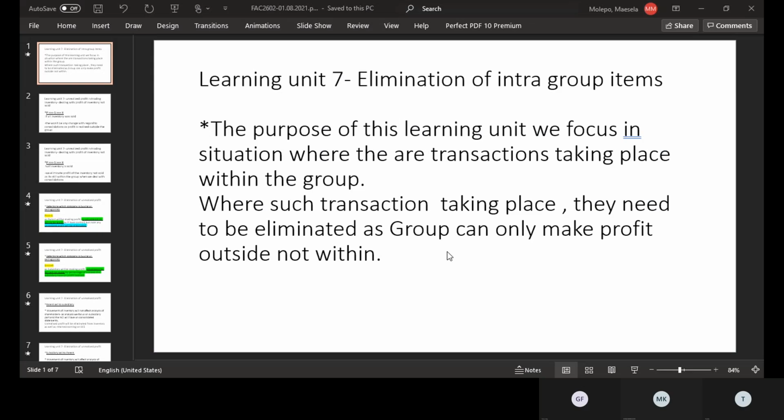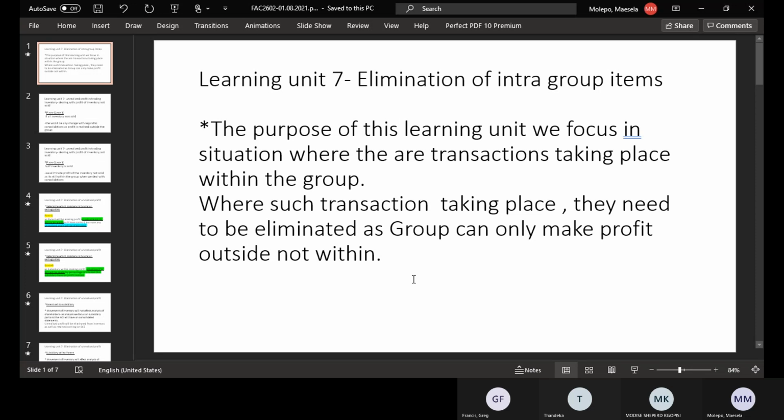Today we're going to deal with the part of the inventory starting from 7.4. Here we'll be dealing with the elimination of the intra-group items, especially where either the subsidiary or the parent is selling their inventories.